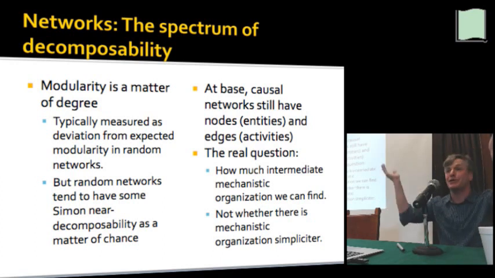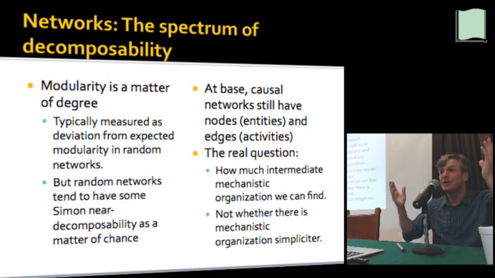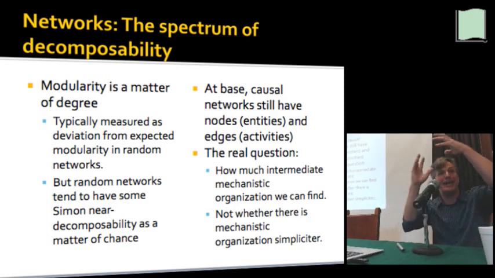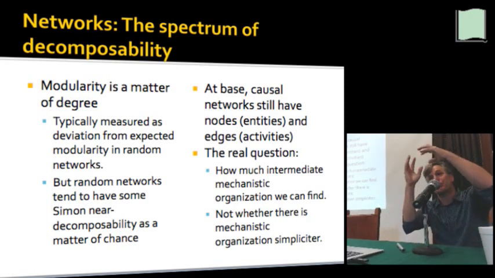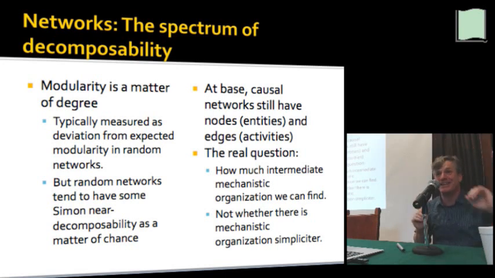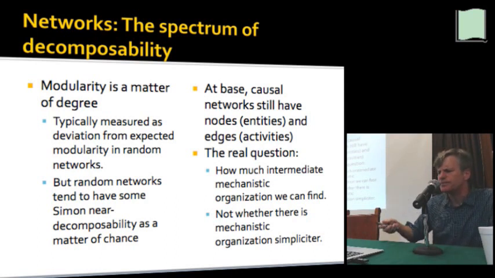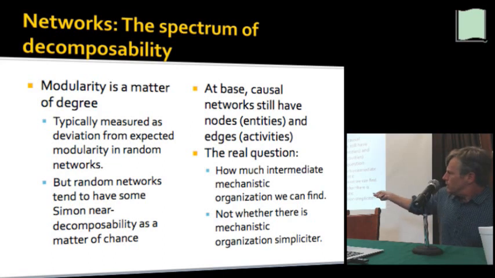But even a randomly connected network is going to have some clusters within it where things interact more strongly with one another than they do with things outside of that cluster. So even in the most random networks, the most random organization of complex systems, one is still going to find decomposable structure for the most part. Random networks tend to have Simon near decomposability simply as a matter of chance.